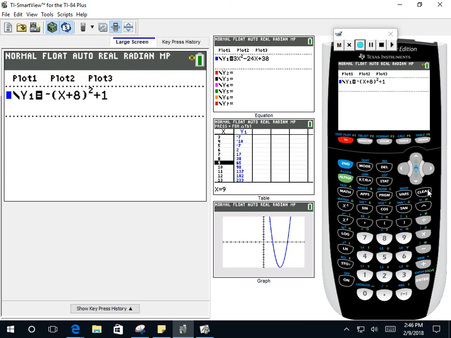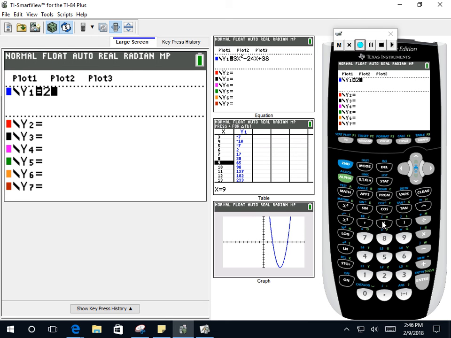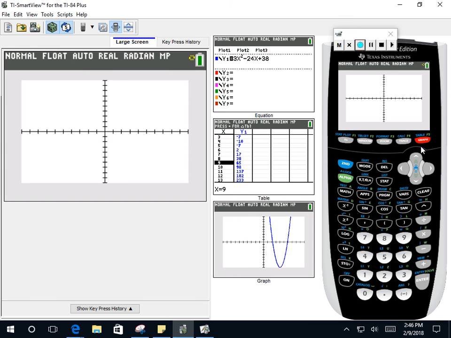Y equals 2 parentheses, x minus 6, parentheses squared, minus 2. Okay, so what does that mean you should do? Go down until you find smaller numbers. Okay, so I'm going to go to the table.